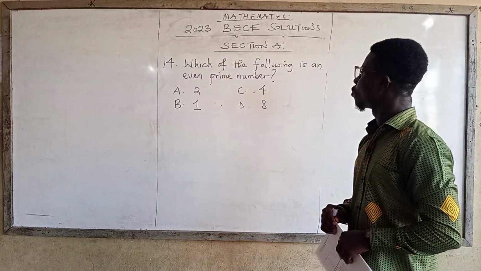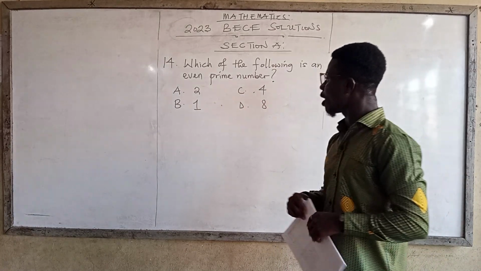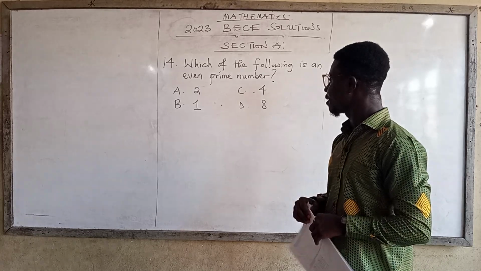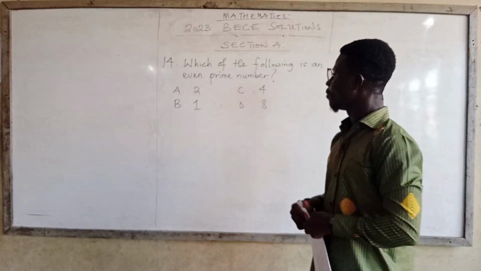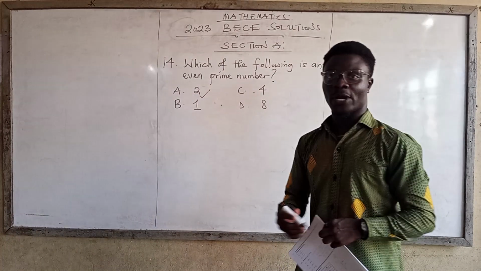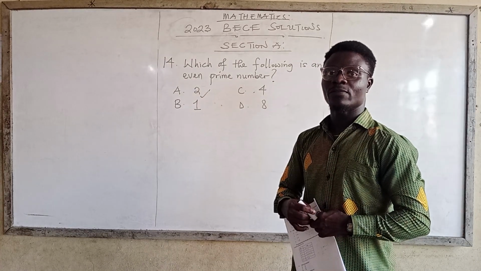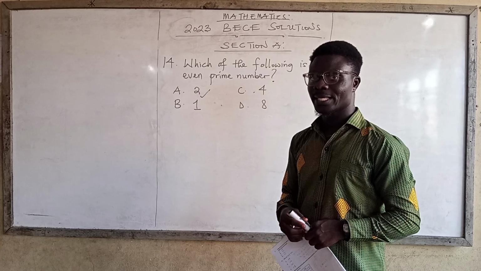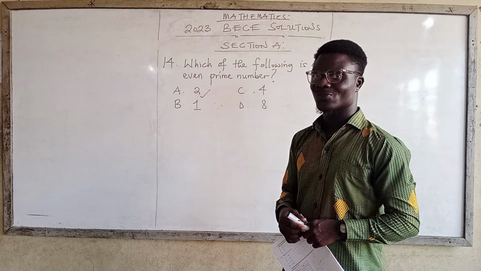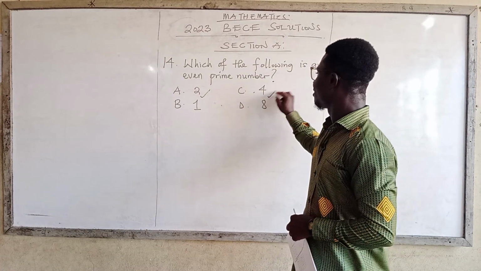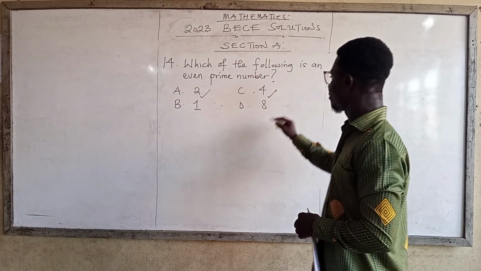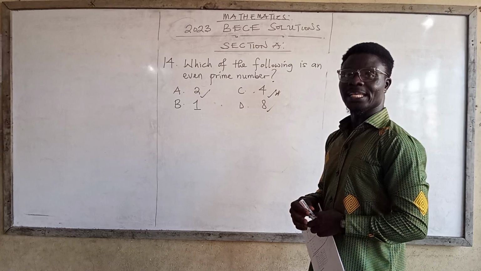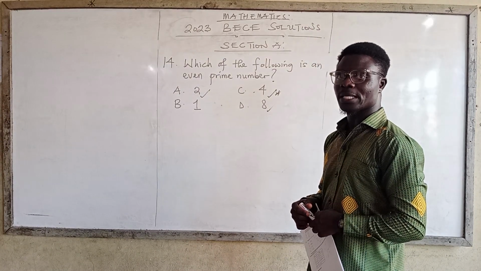Okay. So now this time around, let's go through our options given here. Option A, we have 2, option B, 1, C, 4, D, 8. We can see that 2 is a prime number and is also an even number. Let's see. Option B, 1 is not a prime number and 1 is not an even number. 4 is an even number, but it's not a prime number. 8 is an even number, but it's not a prime number.